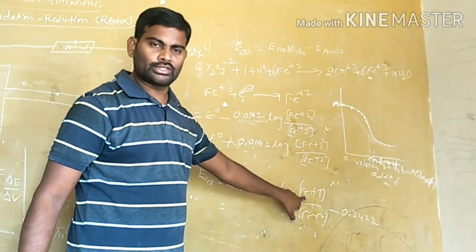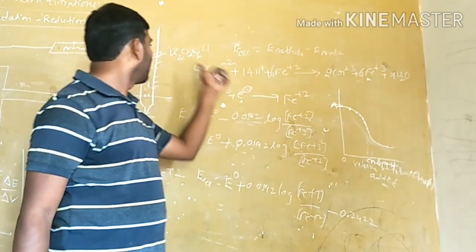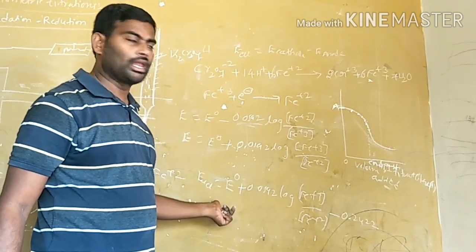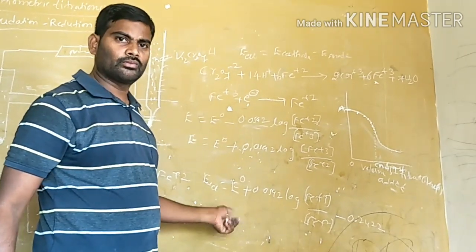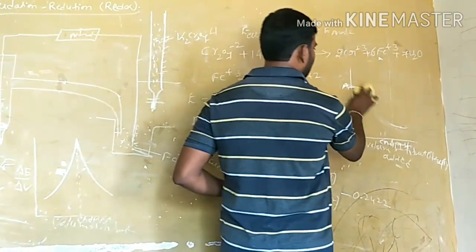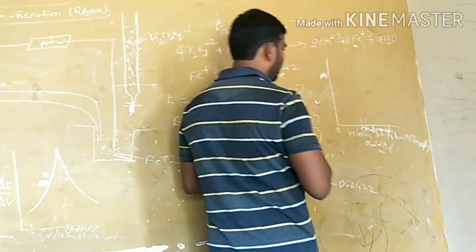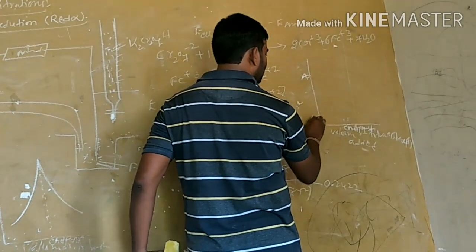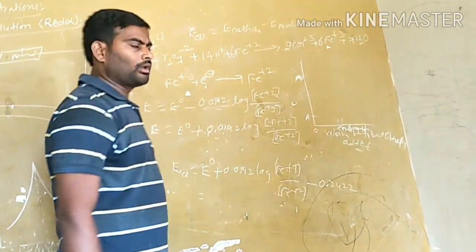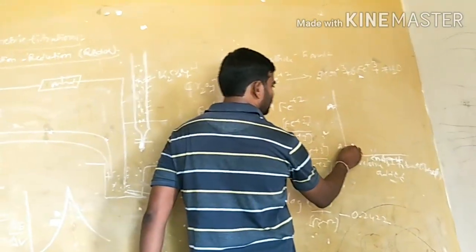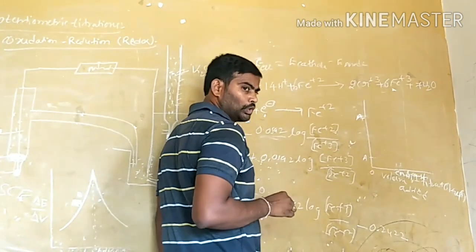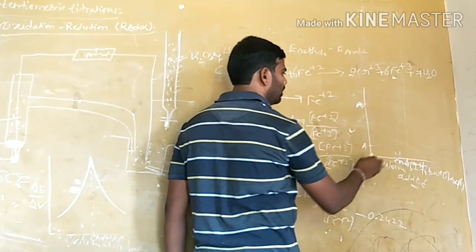As the number of Fe plus 3 ions increases by addition of dichromate, the total E cell value increases. Initially it shows some potential value, and this potential value increases by the addition of dichromate solution to the ferrous solution.